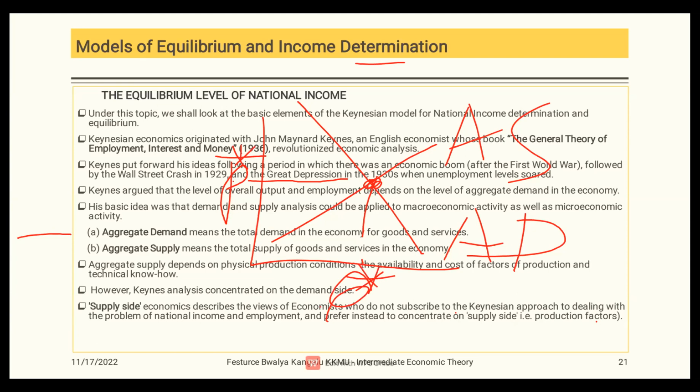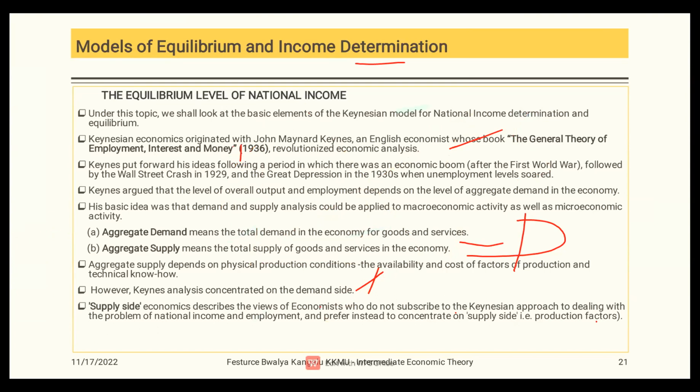That simply means when the quantity of goods and services demanded as a whole is equal to whatever is being supplied, then we say that the economy is in what? In equilibrium. Is that okay? Yes, okay. It's fine if you are following.